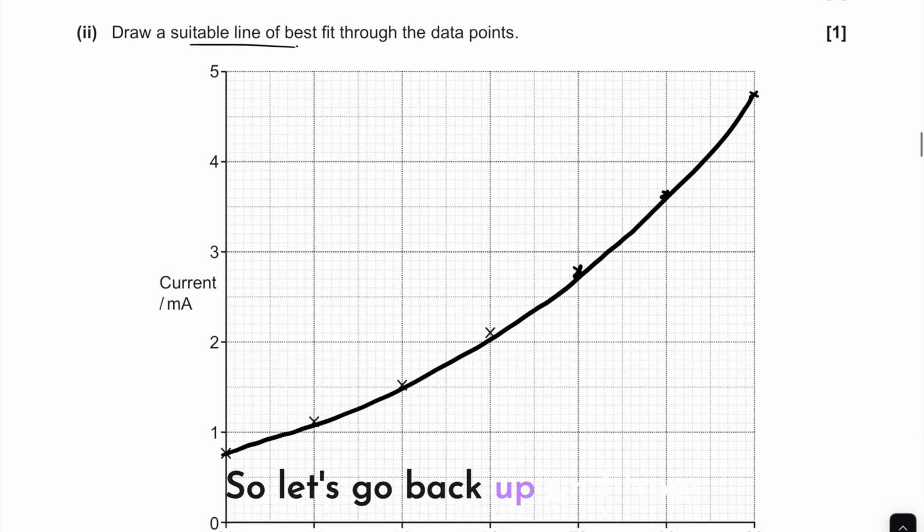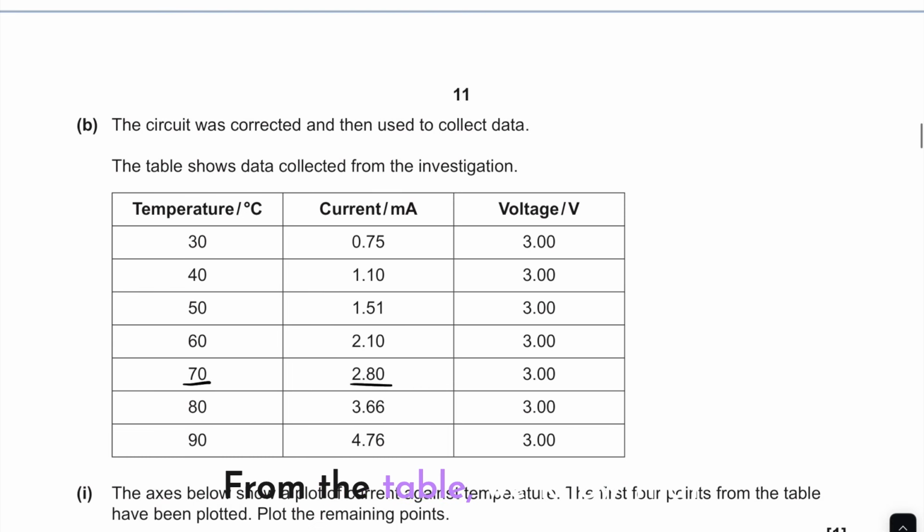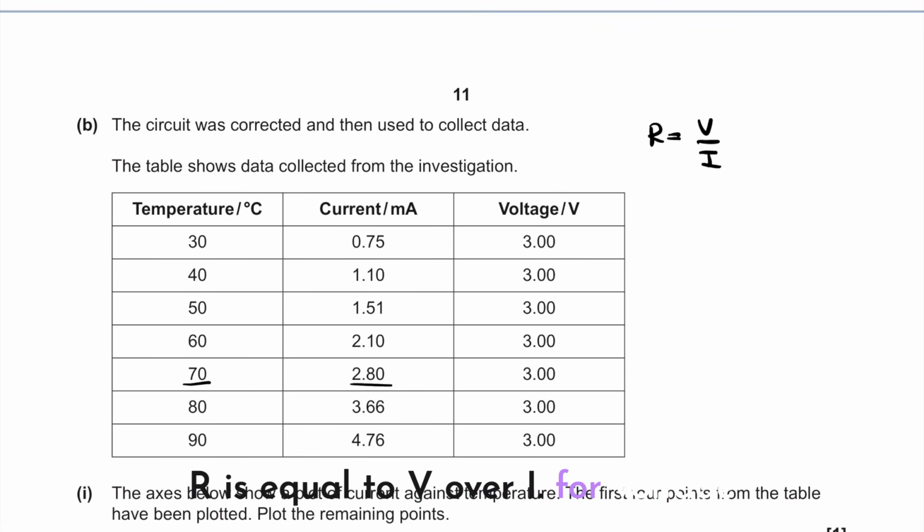So let's go back up, and from the graph we can say that as the temperature is increasing, current over here is increasing as the gradient is getting steeper. From the table, we know that the voltage remains constant, and therefore as the current will increase, the resistance will decrease, and we can prove that by using R is equal to V over I for voltage and current respectively.